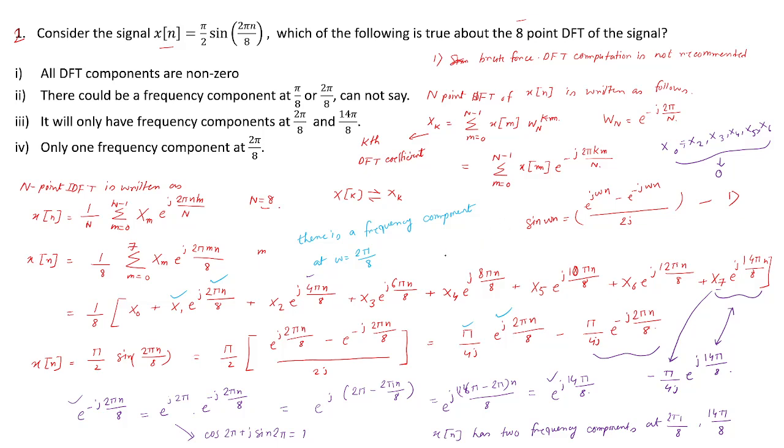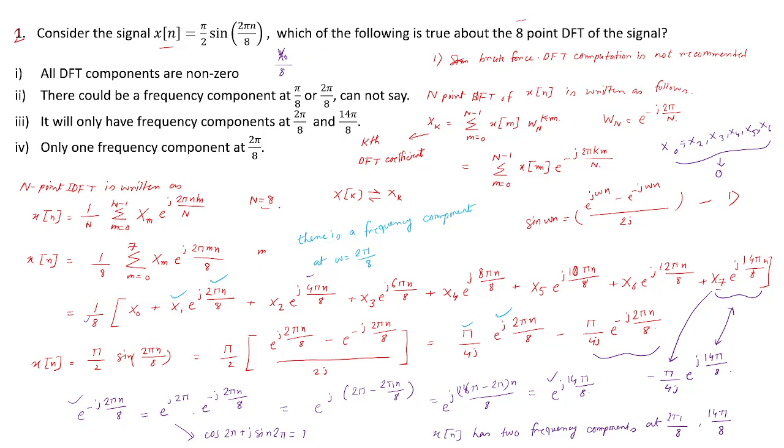And what is the value of x0? You consider this normalization factor outside. Let me write it here. x0, the first DFT coefficient, which you can also call the DC term, because it corresponds to a frequency of 0. Therefore it's a DC term only, the DC portion of the sequence xn.